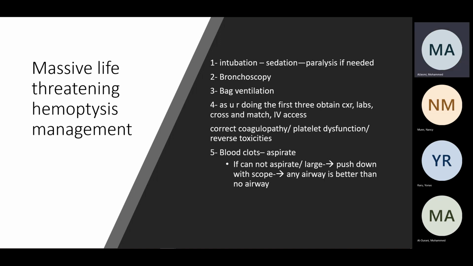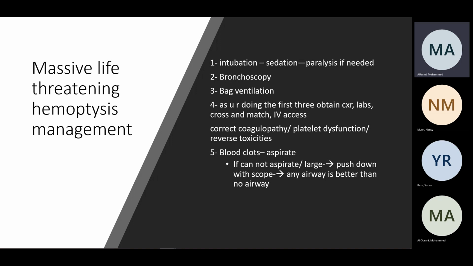What happens when we cough? We inhale first. Negative pressure here, in the airway. What would it cause? It would cause more suction. Suck more blood in, right? Now, when we cough, what will happen?